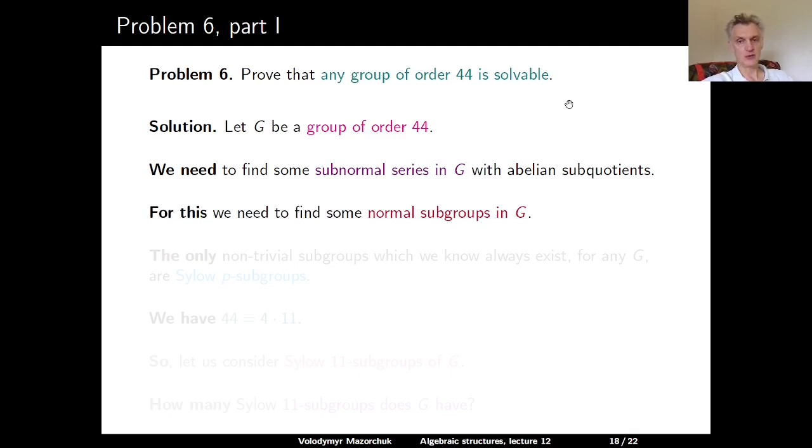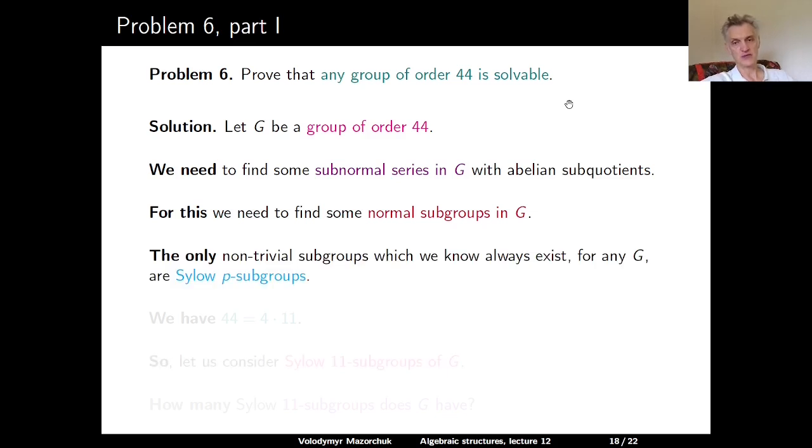What do we know about possible subgroups of G? The only possible subgroups of G which we know exist are essentially Sylow p subgroups. 44 is 4 times 11, so it's 2 squared times 11. So we have Sylow 2 subgroups with 4 elements and Sylow 11 subgroups with 11 elements.